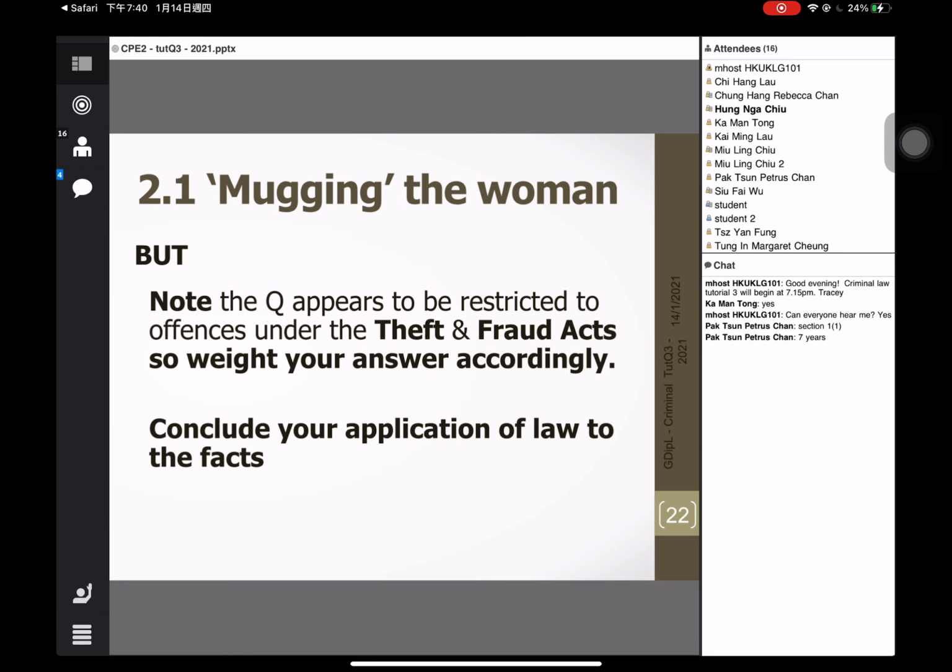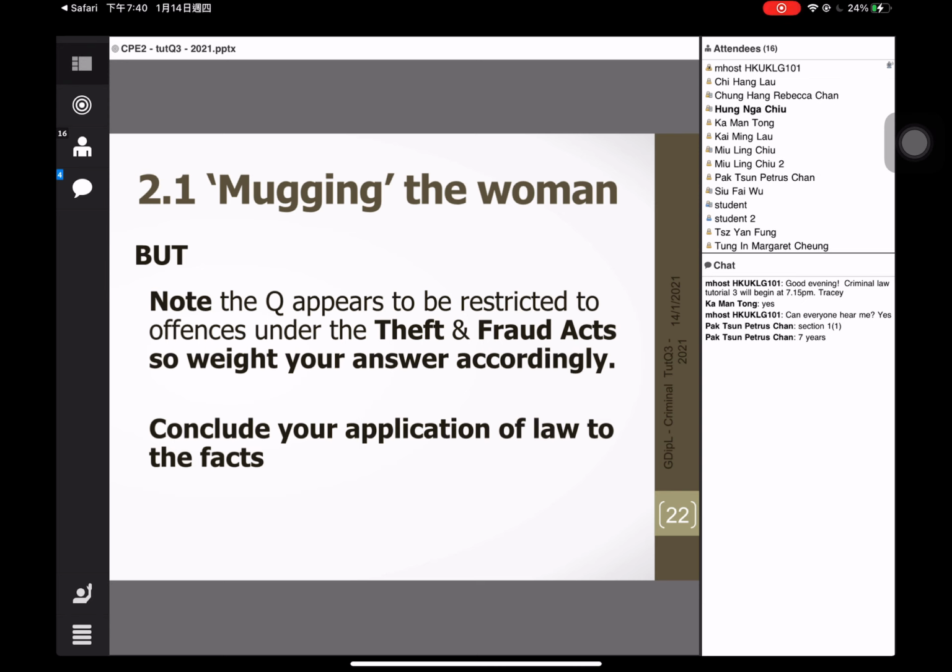But the major point here is looking at the instructions in the question. It appears that there would be offences under the Theft and Fraud Acts. The answer is limited to offences under the Theft and Fraud Acts.